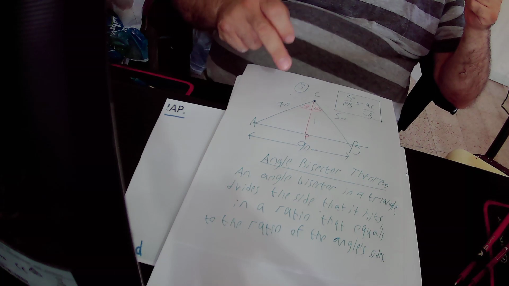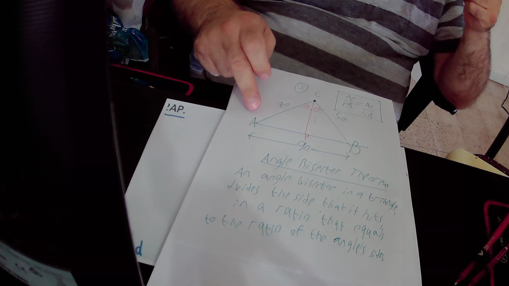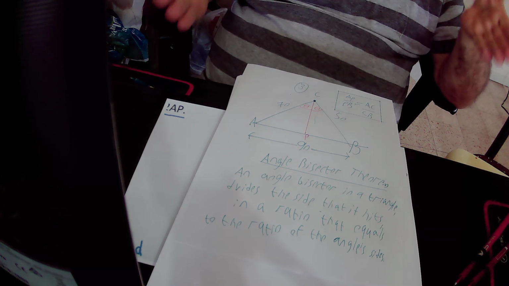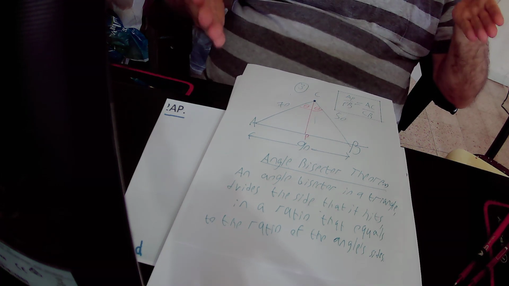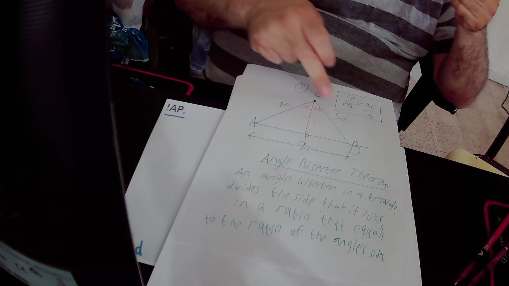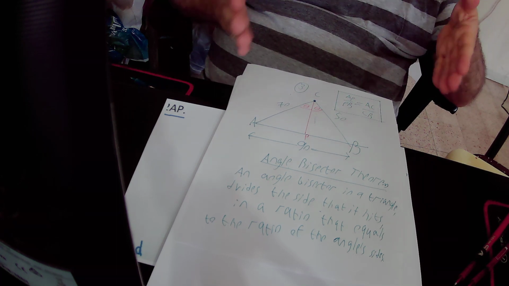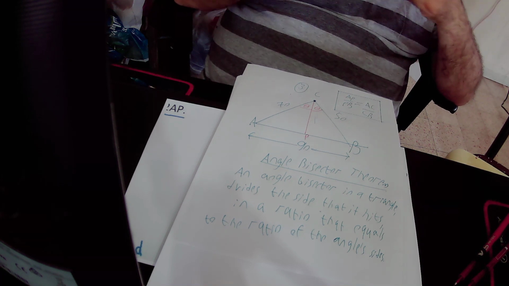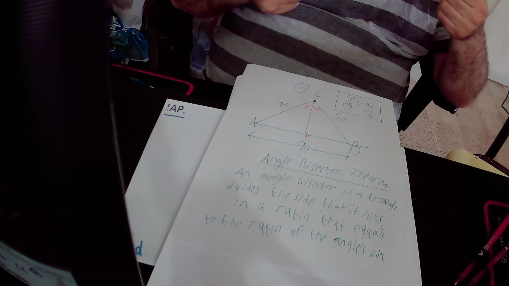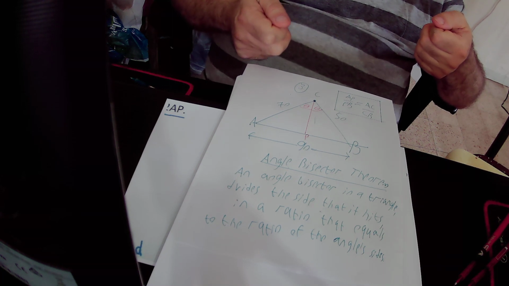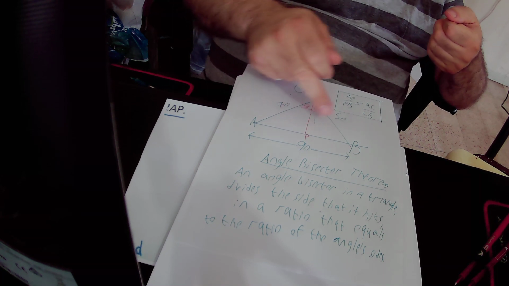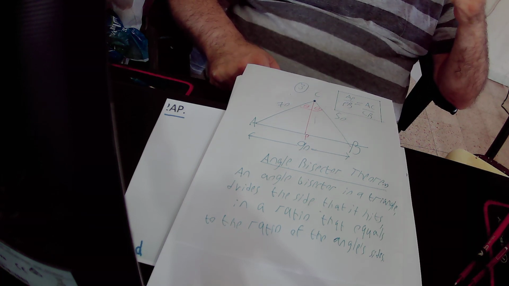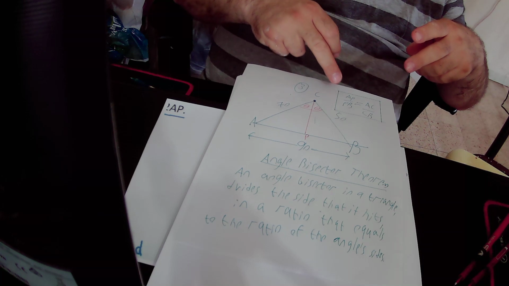The ratio between the angle sides is AC over CB, because angle ACB consists of two sides, side AC and side CB. So this ratio equals AP over PB.